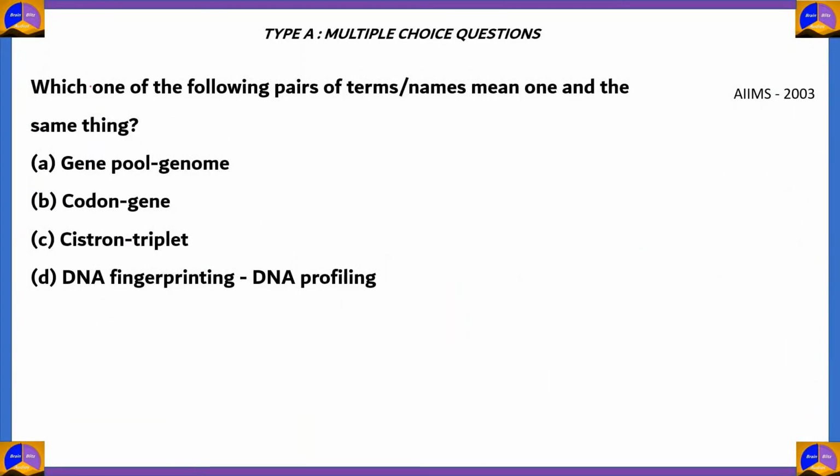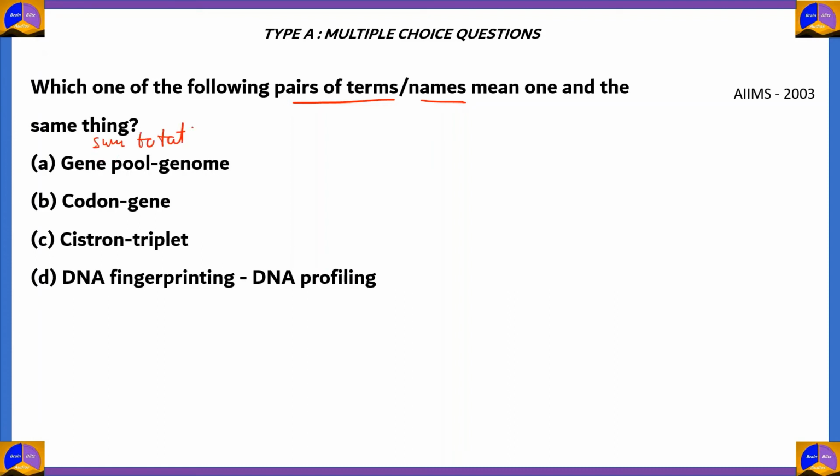Next question. Which one of the following pairs of terms or names mean one and the same thing? Gene pool, genome, codon, gene, cistron, triplet, DNA fingerprinting, DNA profiling. Let's look at each of our options. Now, what is a gene pool?